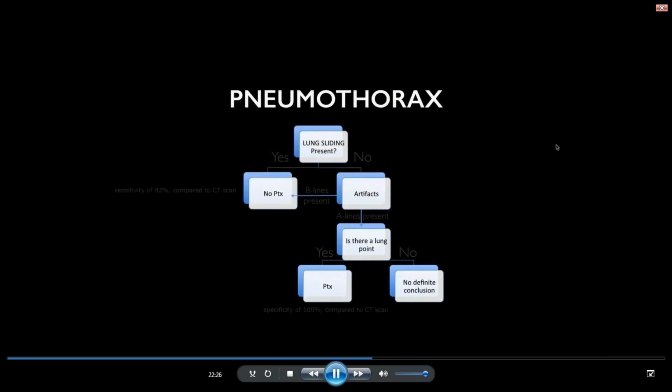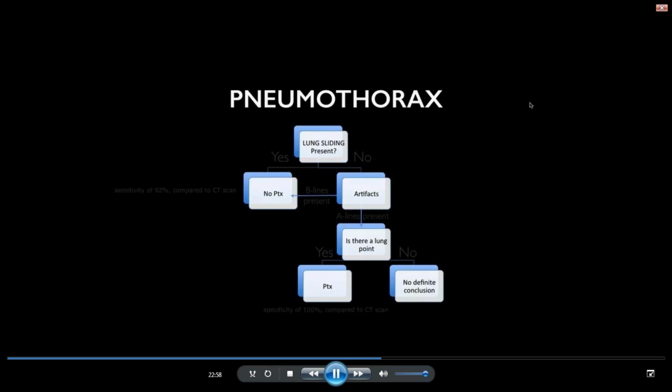Here is a useful algorithm to diagnose pneumothorax or rule in pneumothorax at the bedside. So the first question you want to ask is whether or not lung sliding is present. If lung sliding is present, you have ruled out pneumothorax. This is pretty sensitive. However, if it's absent, the next step is to look for the A or the B lines. So if B lines are present, once again, pneumothorax is not present.